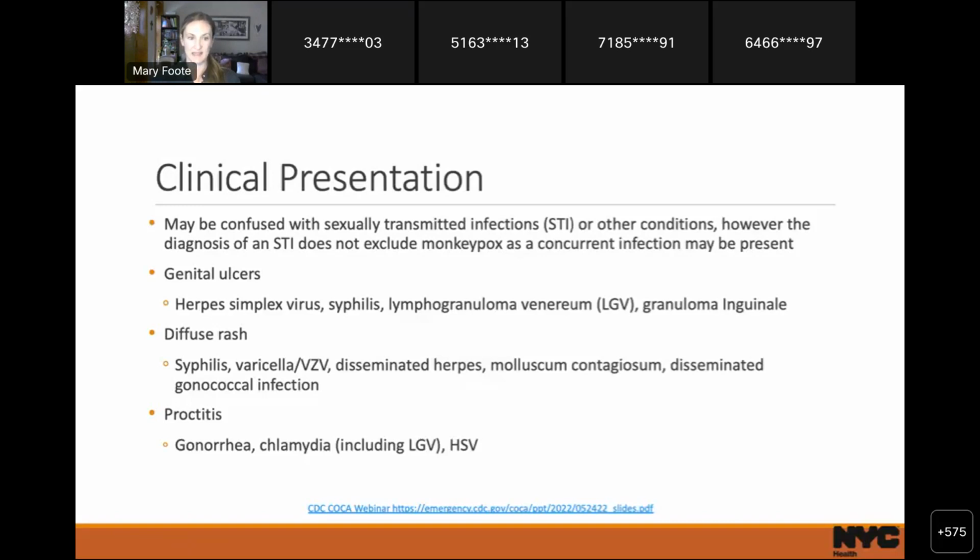We have seen some varicella cases during our testing that are presenting like monkeypox, so that's easily confusable too, and also less frequently disseminated herpes, molluscum contagiosum, and disseminated GC infections. With the proctitis, especially when you can't see the lesions, that can be easily confused with, and should be considered along with, gonorrhea and chlamydia and HSV.